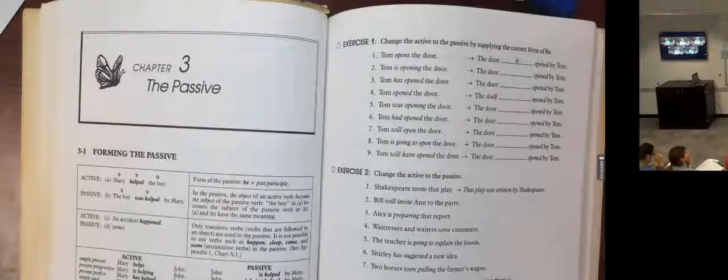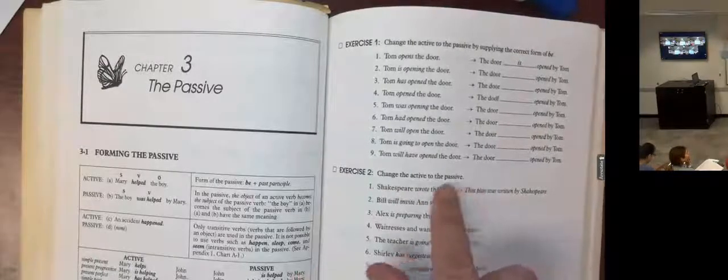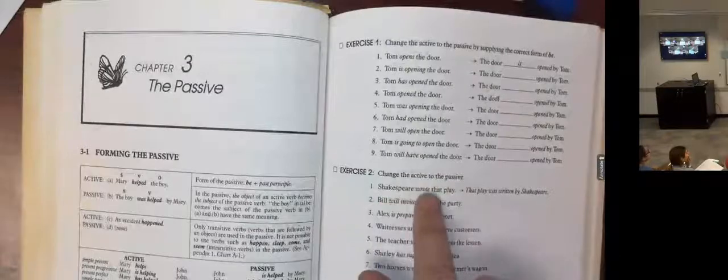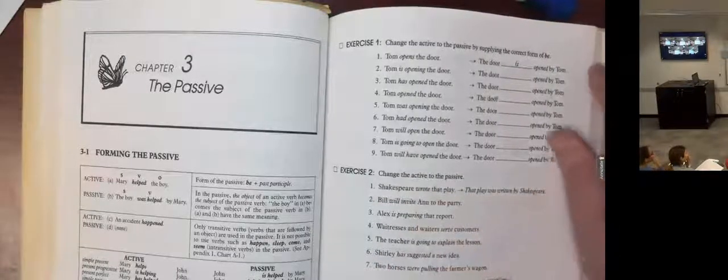And so we go on and on and on. And then we have sentences: change the active to the passive. Shakespeare wrote the play. The play was written by Shakespeare, right? This goes on and on. There's just pages and pages of these kinds of exercises, right? And that's what the students do.